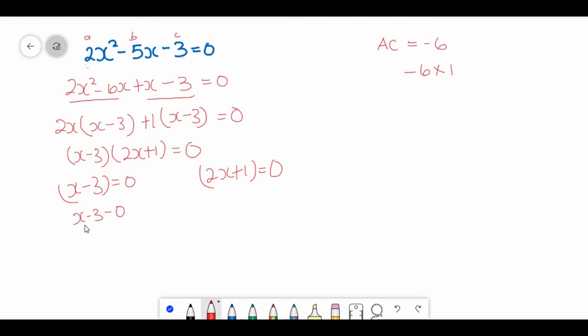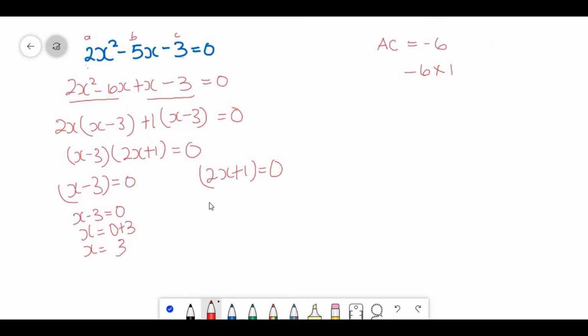Because we want to find the value of x, we're going to take the negative 3 across the equal sign. So x is equal to, when we transpose a negative 3, it becomes a positive 3. So the first x value that we have is x is equal to 3.